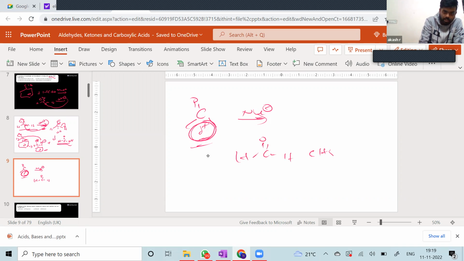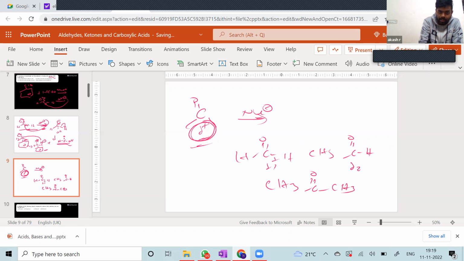Right? So now, if I want to compare, say, HCHO with CH3CHO, right? And say if I compare it with CH3, C double bond O, CH3, right? Now say this is del 1 plus, this is del 2 plus, and this is del 3 plus. Now tell me which del is greater? Which del is the greatest? First one. Okay, which is the least?